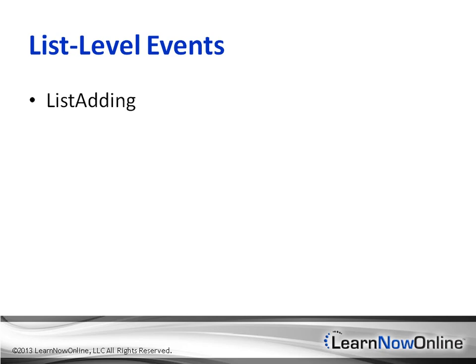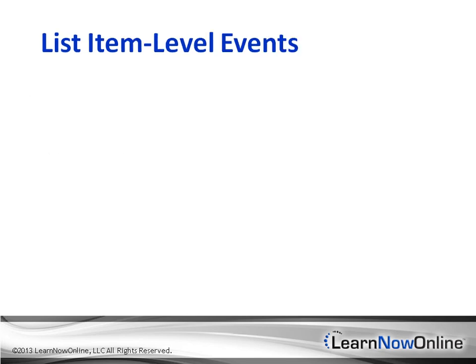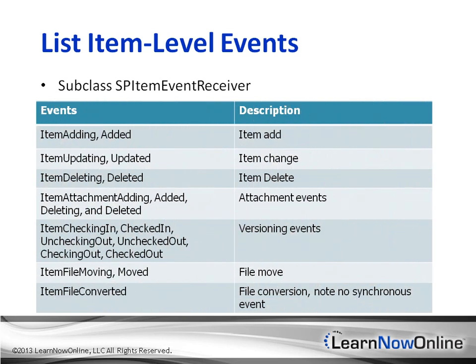And then there's the list level events. These are probably a little bit rare: list adding, list added, list deleting, list deleted. Probably the most common ones that you'll be using are list item level events. So you'll use the SPItemEventReceiver, and typically you may have business logic where you don't want somebody to add an item to a list if it doesn't meet the criteria that your business has.